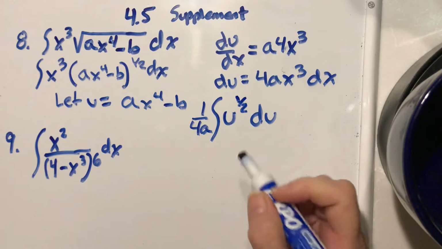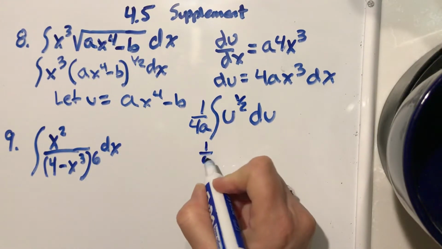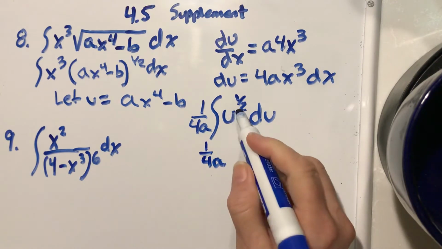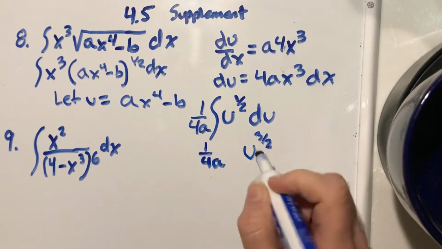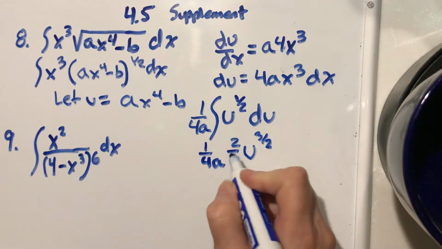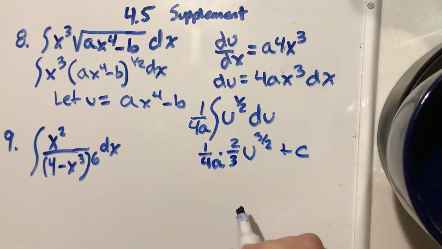Now we go ahead and integrate. We're going to keep the 1/4 there, 1/4 over a. We integrate, we add 1 to the exponent on u, and we get u to the 3/2. Multiply by the reciprocal, 2/3. And add plus c.